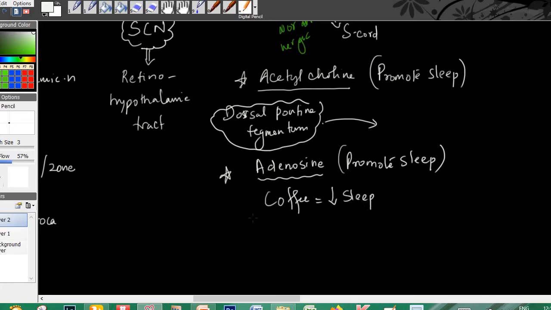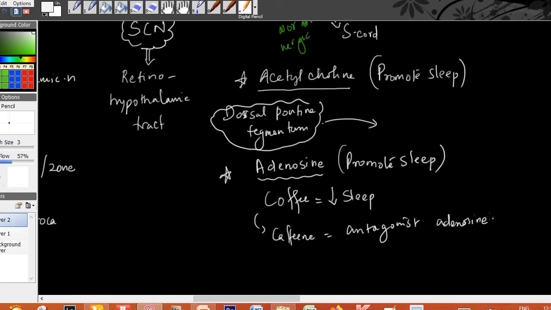How is it possible? Because coffee contains caffeine, and caffeine is an antagonist of adenosine. So less adenosine action is going to occur, and this is going to inhibit your sleep. That is how coffee intake decreases your sleep.